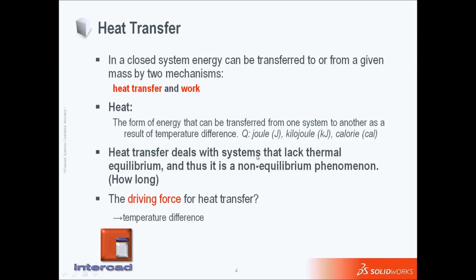Now, as engineers, we are interested in seeing the equilibrium state of our environment, our product, our design. This is always concerned with the energy balance of the system. If we have a closed system, energy can be transferred to or from a given mass by 2 mechanisms: one is heat transfer and the other is work.